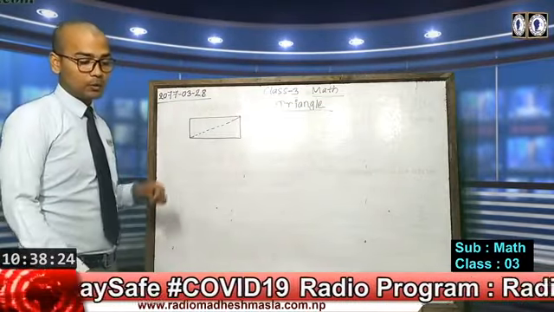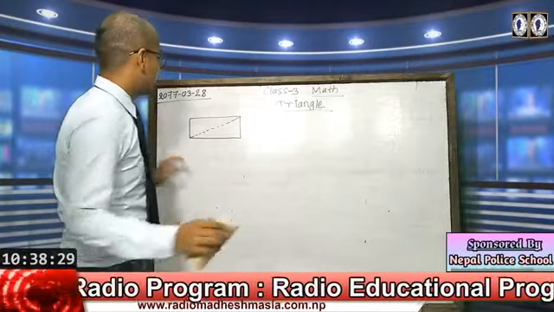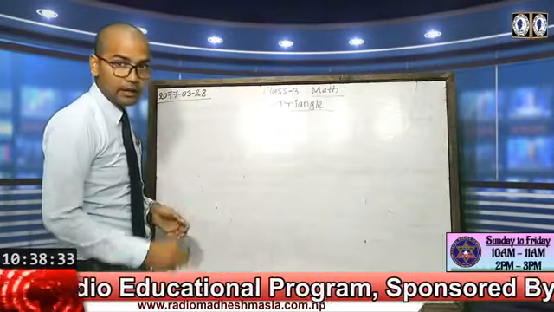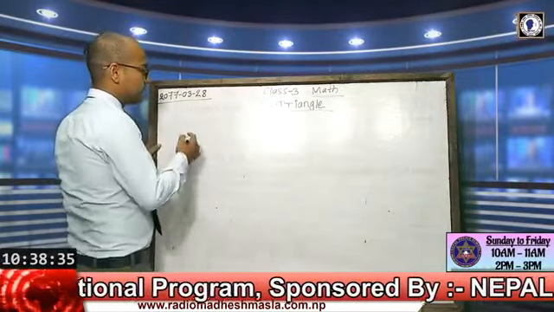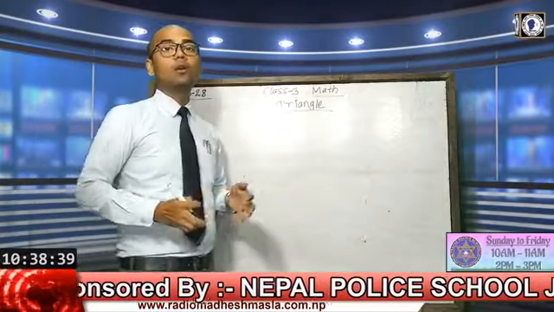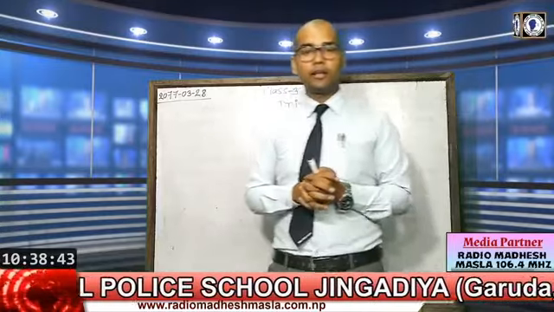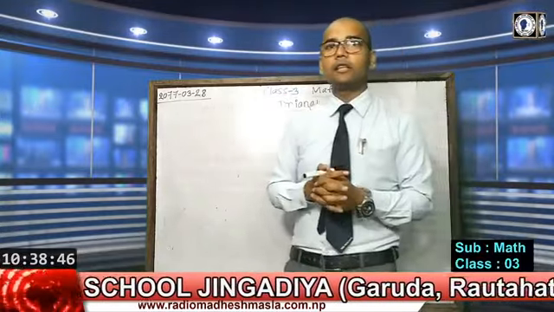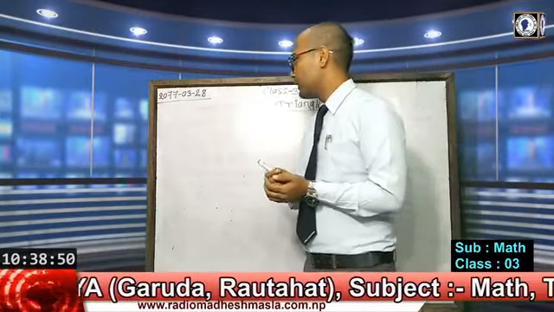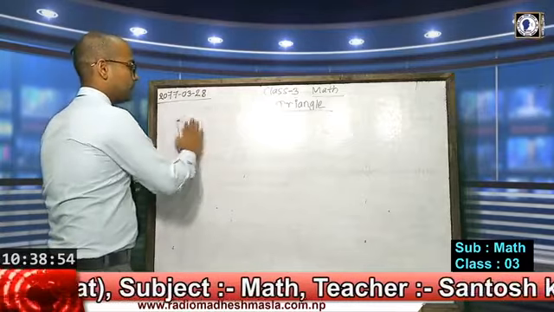So let's know about the triangle first. Here I am going to define the triangle. As a definition we can say that the figure having three sides, three angles, three corners, such types of figures are known as triangles, and that should be bounded, that should be closed.